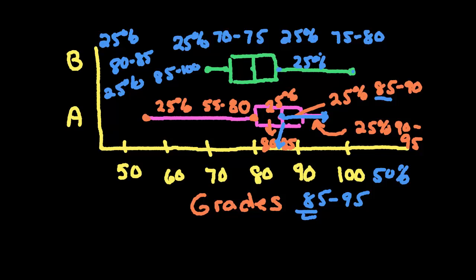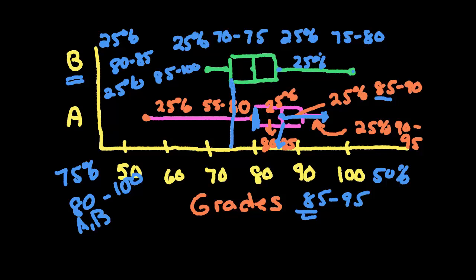Also, if we look at the 75% mark, 75% of the students in Class A got an 80 or above. And depending on what school system you're in and how they grade, I still like to think of an 80 as a B. So that's an A or a B. While in Class B, the 75% mark is here, and students only got from 75 to 100.